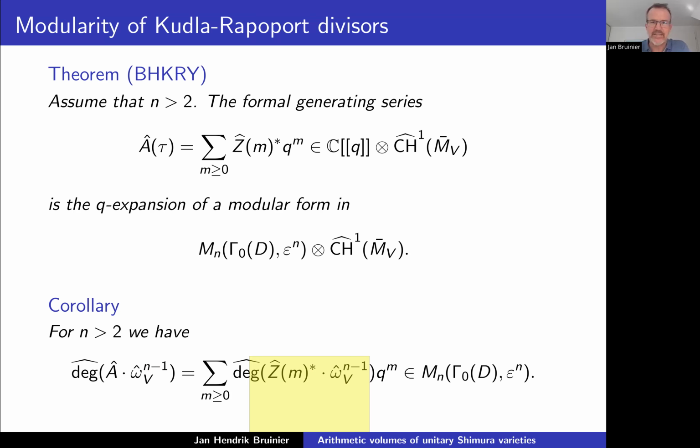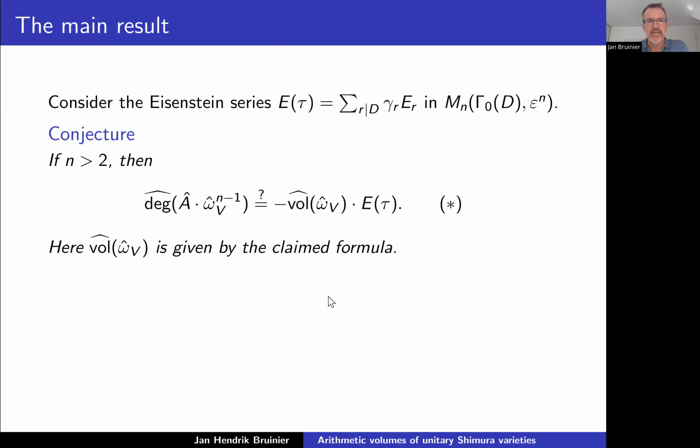And how does this work? Well, we can compare our generating series with a natural Eisenstein series in this space of Meyer forms for gamma 0 D, weight n. D was an odd discriminant of an imaginary quadratic field, so in particular it's square free.